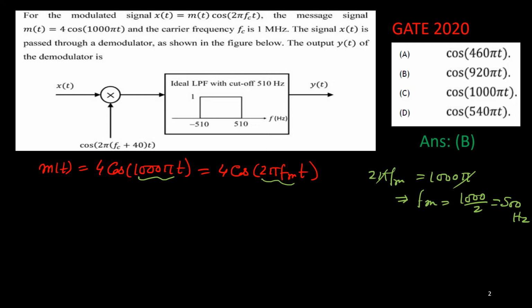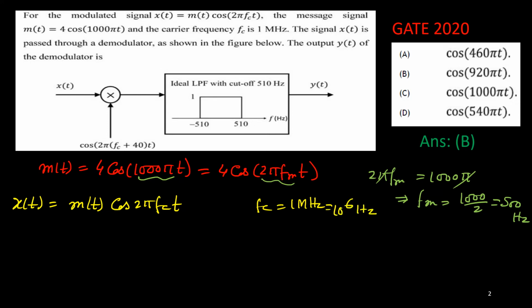Now, what is your modulated signal xt? Xt is mt times cos 2 pi fct, where fc is given as 1 megahertz, meaning 10 to the power 6 hertz. So it is too high compared to the message signal, right? It is 2000 times higher.